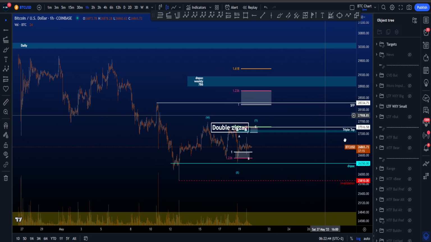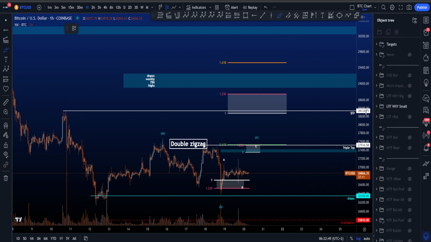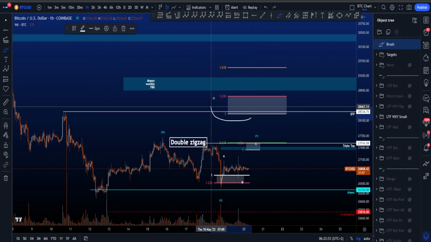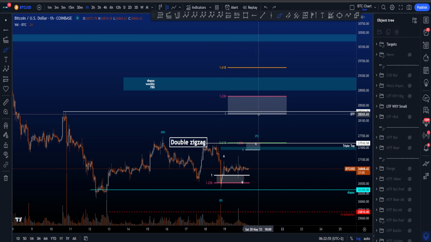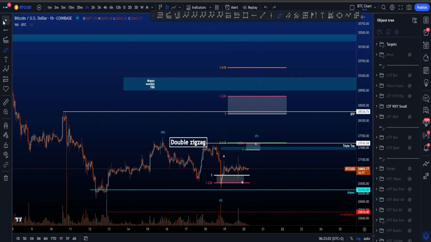But we also have the highs over here at 28.3k. So in this being a WX and then a bigger Y, another common target for wave Y is over here, the white box between 28.2k and 28.7k, including the highs at 28.3k, and then that target box is just above. So keep an eye on those areas as well.